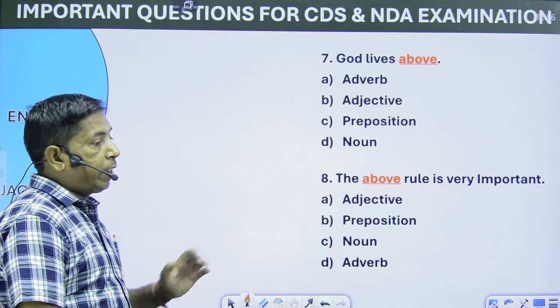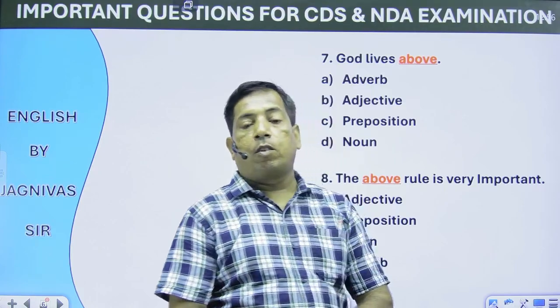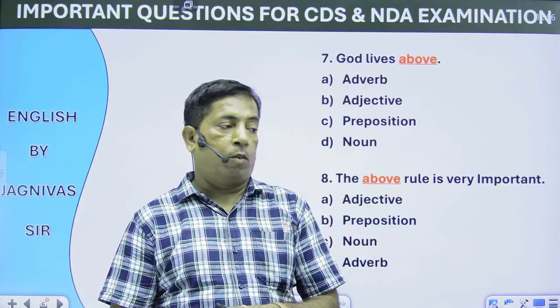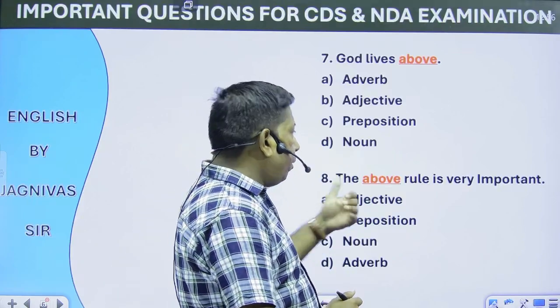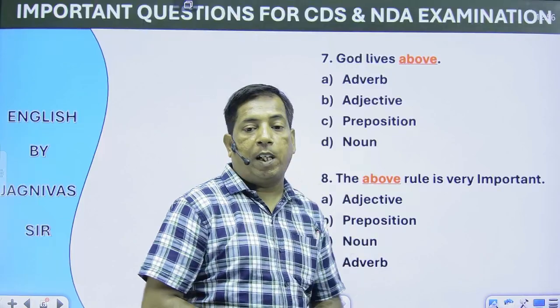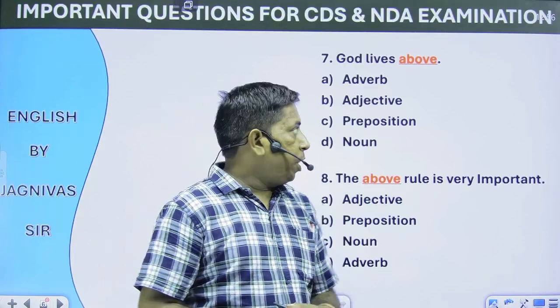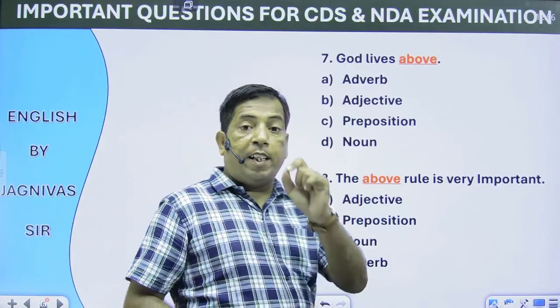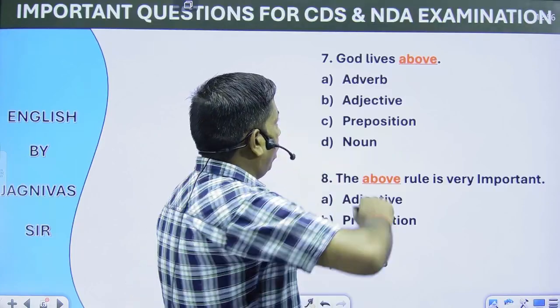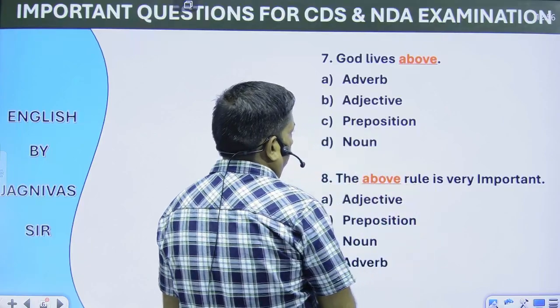These sentences are quite interesting. God lives above. The above rule is very important. Now you have to identify the part of speech of above in both the sentences. See where the word has been used. God lives above. The above rule.